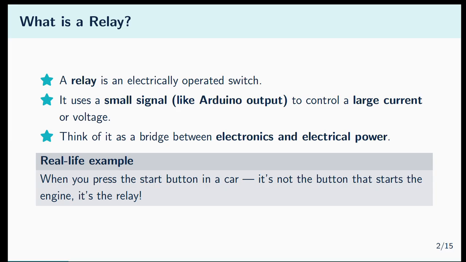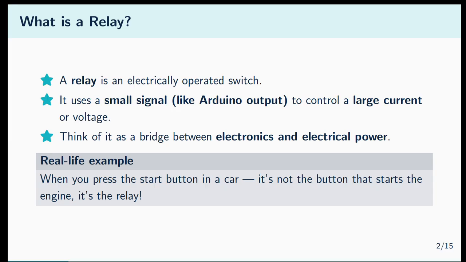I hope you are understanding this concept: if we are going to control our household lights, the lights that we are using in our home, we can't directly connect them to Arduino, right? Arduino basically works on 5 volts, and our household lights work on 220 volts. So there is a big difference between them. To overcome this problem, we need an intermediate module, that is a relay.